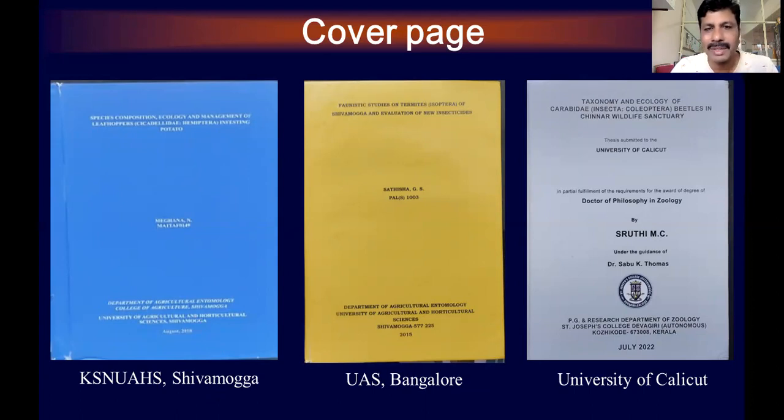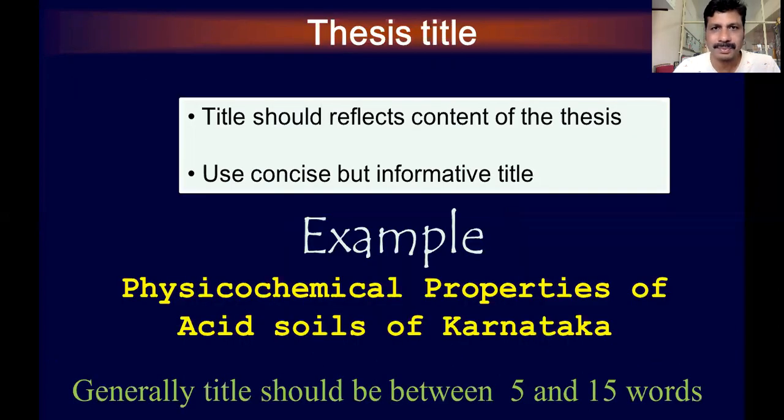Whereas in UAS Bangalore, the wrapper color changes. We have another cover page submitted in a traditional university like University of Calicut, which also changes. Otherwise, it follows more or less the same content: the title, the student name, the department to which it is submitted, and the university to which the thesis is submitted.